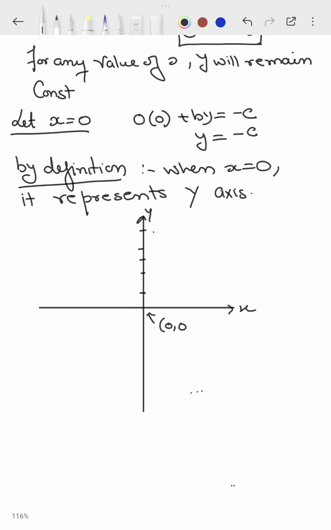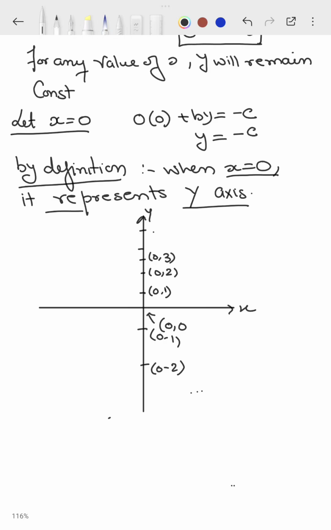That is, it can have coordinates 0, 1; 0, 2; 0, 3; similarly 0, minus 1; 0, minus 2. So when x is 0, it is actually representing the y-axis because all the coordinates are lying on the y-axis. So this can be represented in one variable also.